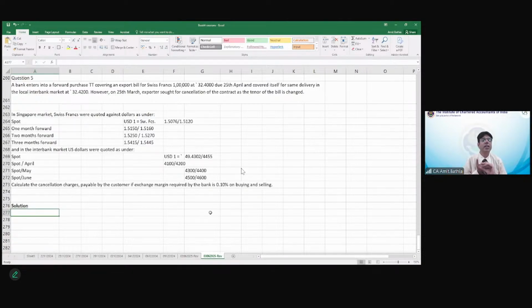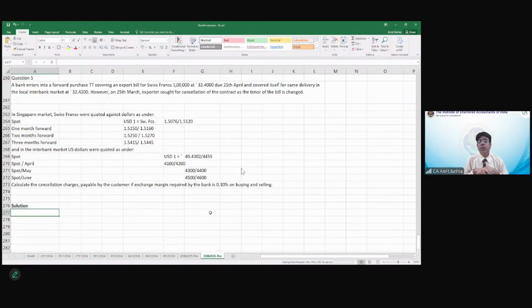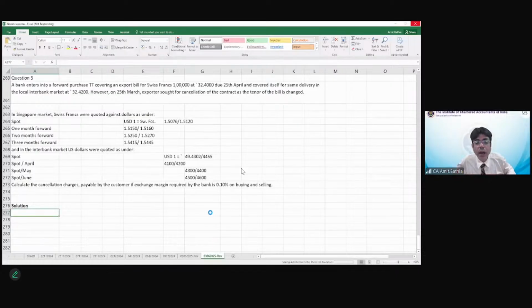In both cases, the rate mentioned is US dollar 1 to Swiss francs, which means the quoted currency is dollars, and then again US dollars is the quoted currency. So USD 1 is equal to 49.4302. As a result, we get cross currency rates.